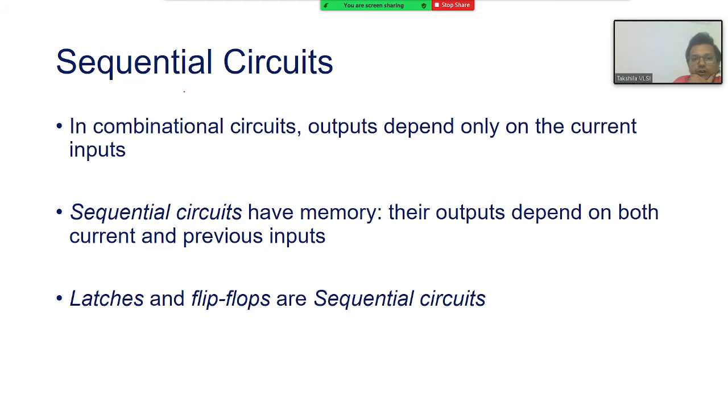Now let's talk about sequential circuits, as I said before. We have understood the combinational logic, and now it is time to understand sequential circuits, because in such circuits you have an input and an output, but the output depends on the present state of the input as well as its previous state. These circuits are also characterized by another signal called the clock, right?